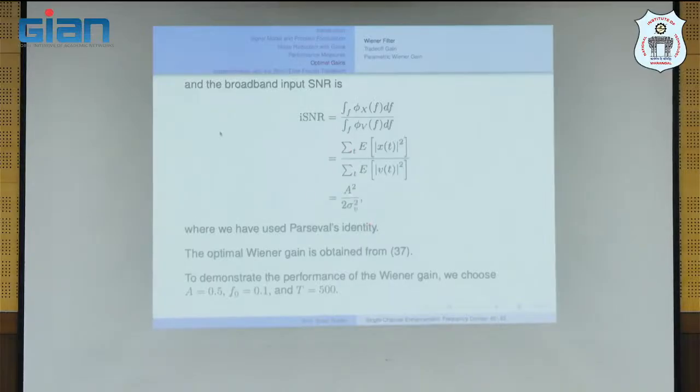It's just the integral of the variance of x divided by the integral of the variance of v. And if we talk about an example where the amplitude of the sine is 0.5, f0 is 0.1, and we measure 500 samples of the noisy signal.